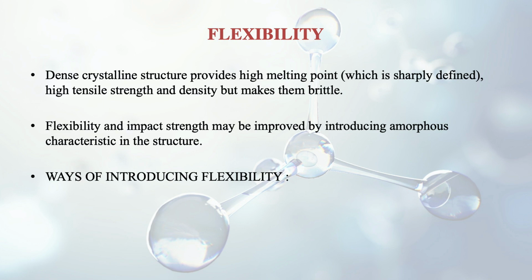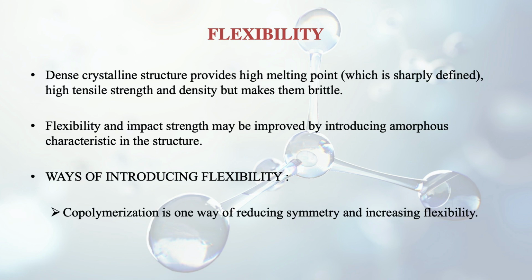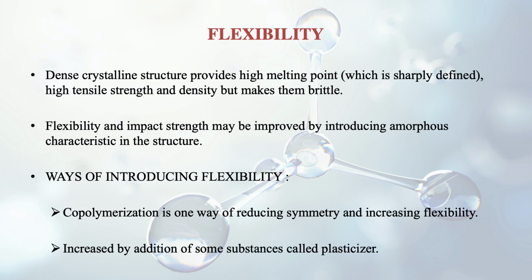So what are the ways for introducing this flexibility? One way is the copolymerization and reducing the symmetry and increasing the flexibility, because symmetry was more in case of the crystalline one, not in the amorphous one. Then it is also increased by addition of some substances like the plasticizer. You may have heard about it. There are plasticizers which increase the flexibility of polymers.